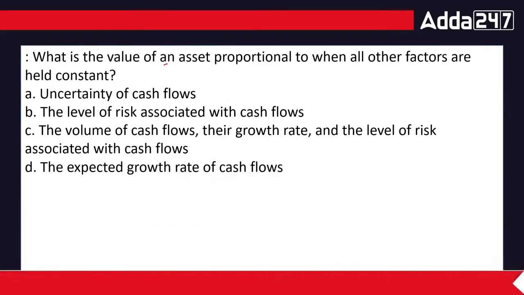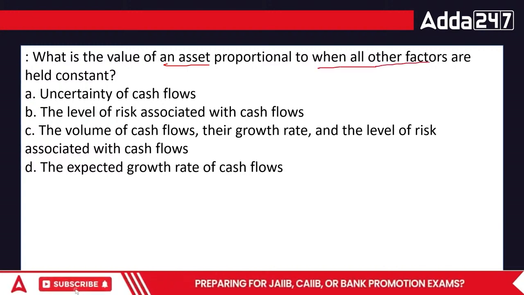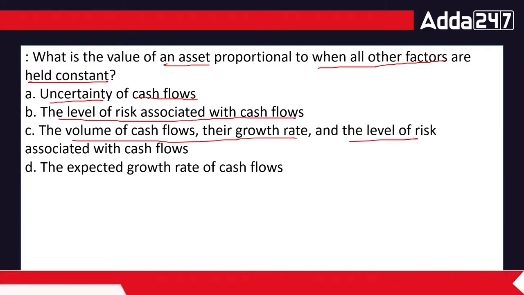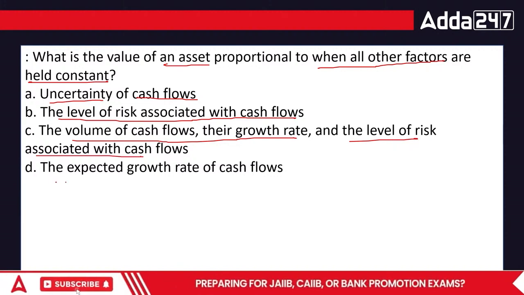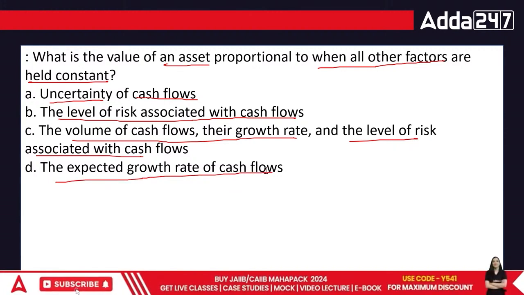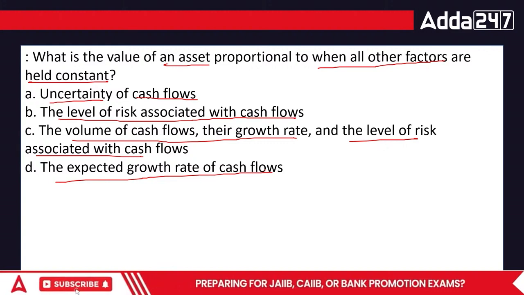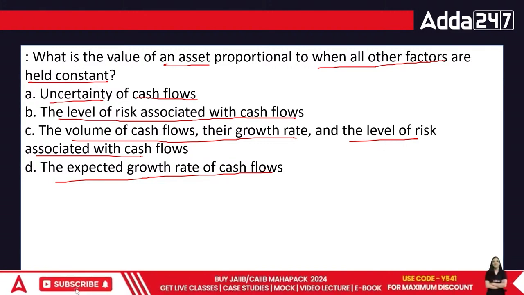What is the value of an asset proportional to when all the factors are held constant? Uncertainty of the cash flows, the level of risk associated with the cash flows, the volume of cash flows, their growth rate, and the level of risk associated, and expected growth rate of the cash flows. I think we have done similar kinds of questions. All the factors are related to an asset. What is the cash flow that we are receiving? Why would I buy an asset?